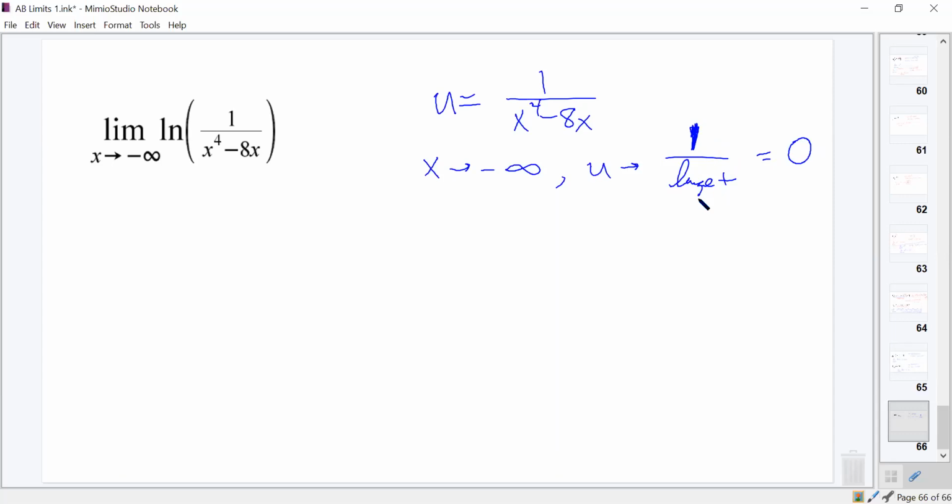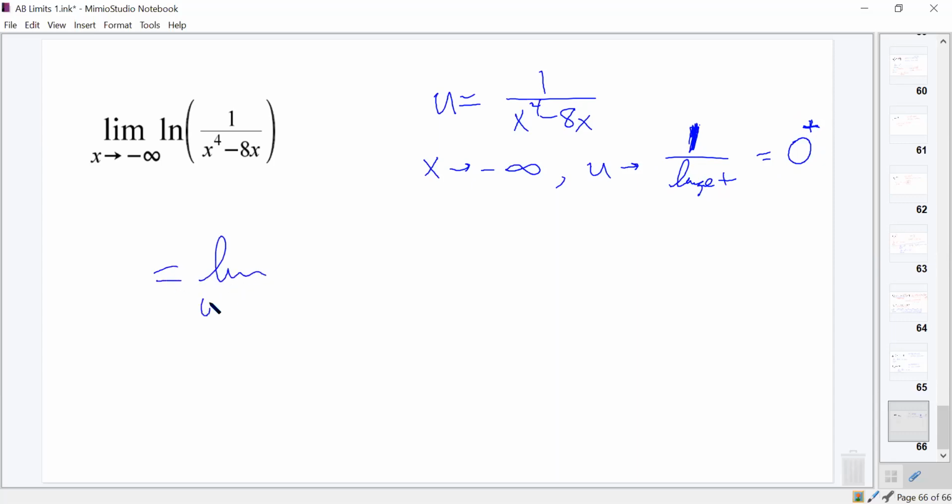It's getting smaller, but no matter how large this number gets, it's always a positive divided by a positive, which means it's always going to be positive. So I'm not approaching 0 from the left. I have to be approaching 0 from the right because this fraction is always positive.